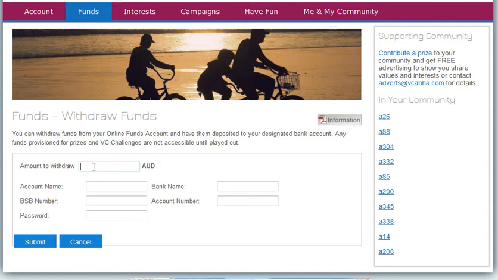So if you type in to withdraw 100 Australian dollars and you give a bank account in the US in US dollars, the Australian dollars will arrive at that bank account in Australian dollars, as with any normal currency transfer, and then currency conversion costs are incurred by you from that point to convert it to the local currency. Okay, so far? Yes, I see a frown over here.